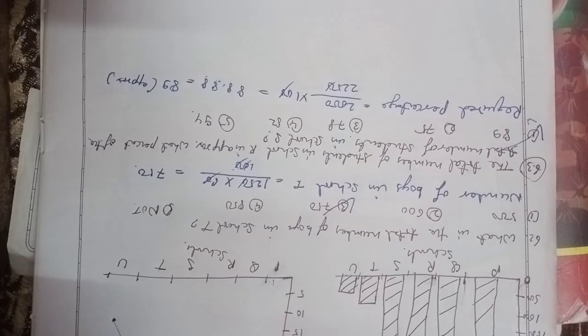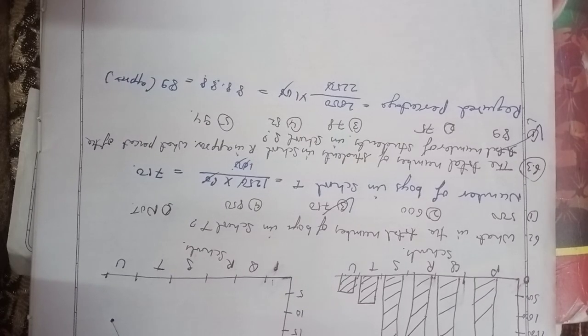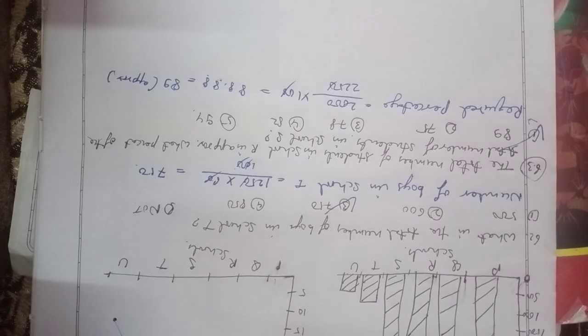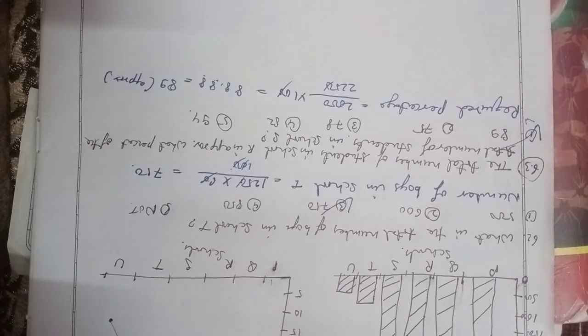That is the 64th question of the session, and that we have here. What is the respective ratio of the number of girls in school P to the number of girls in school Q? Let's go for the same.